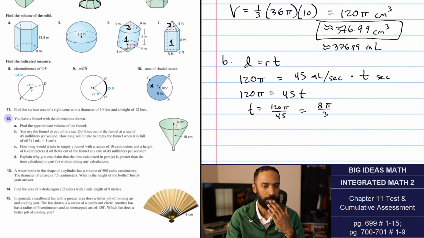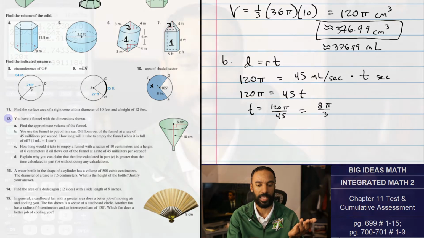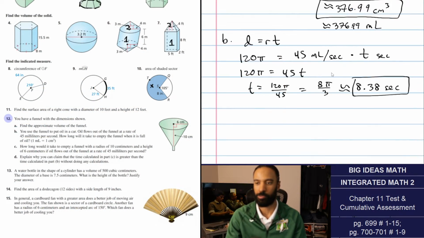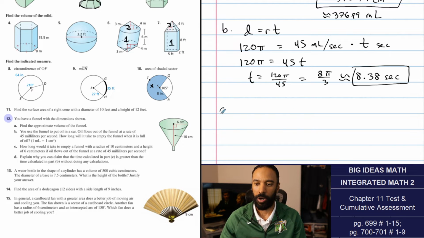So let's see what that is. And yeah, that makes sense. 8 pi, because pi is a little more than 3, about 8 1/3, so 8.38. So 8.38 seconds of time. Definitely not going to convert into minutes. That's making sense overall. That's part B.